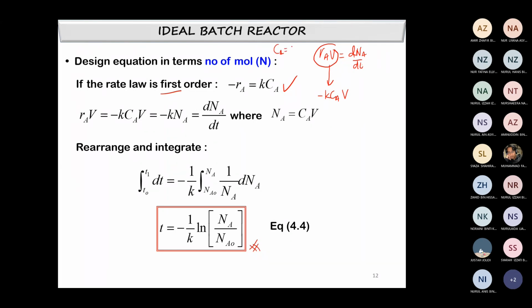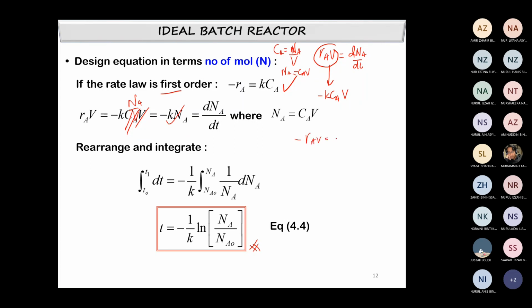CA is equal to N over V, or let me write capital N, NA over V. So NA is equal to CAV. Just replace it, so cancel the V because CA is NA over V, so this remains.